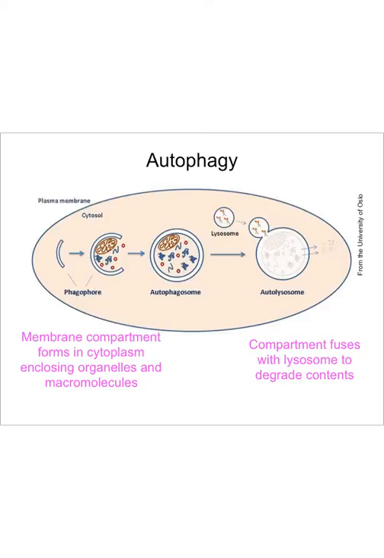I'm not going to go into the details of autophagy, but if there are components of the cytosol, including damaged organelles, which the cell wants to get rid of, a membrane forms in the cytoplasm, enclosing organelles and other macromolecules, forming what's known as an autophagosome. The autophagosome then fuses with the lysosome, thus delivering internal cell membrane components for degradation within the lysosome.